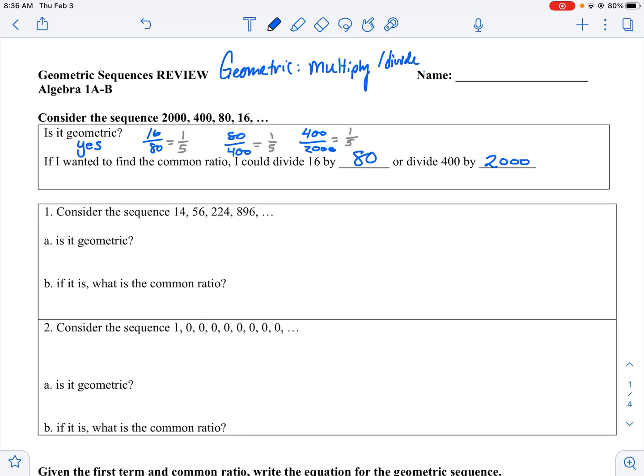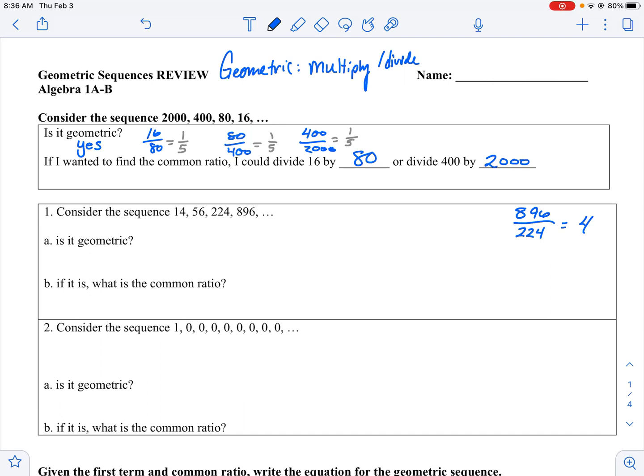So let's check our sequence 14, 56, 224, 896. What I can do is take 896 divided by the number that came before it, 224, and I should get 4. So let me check.